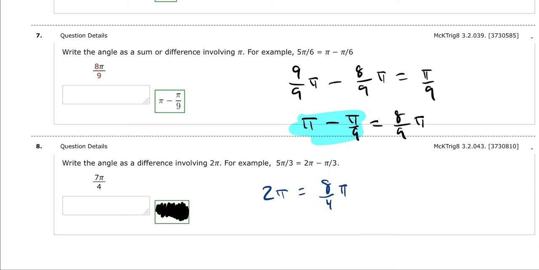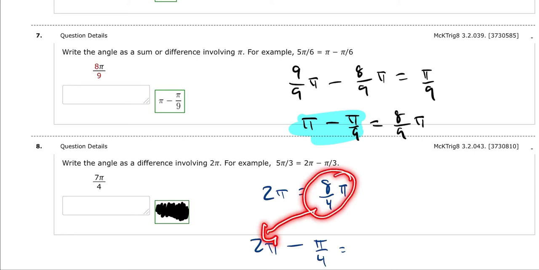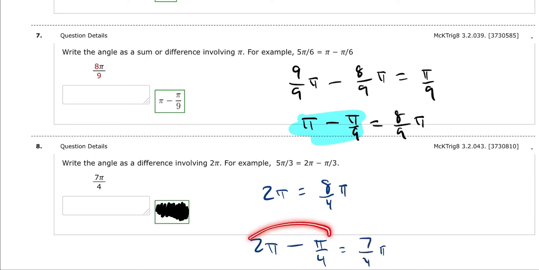So now if you subtract, we're probably going to have to do 2 pi minus 1/4 pi. So this is that 8/4 pi, take away 1/4 pi is 7/4 pi. And so this should be our answer here, because 2 pi minus 1/4 pi is 7/4 pi. So this is our answer.